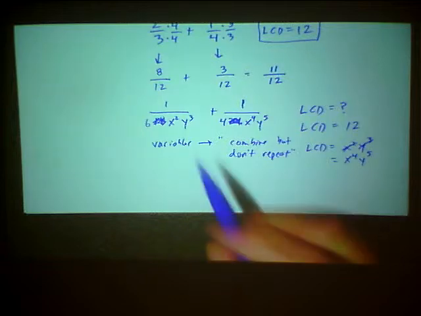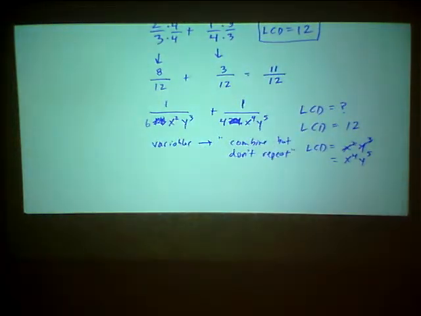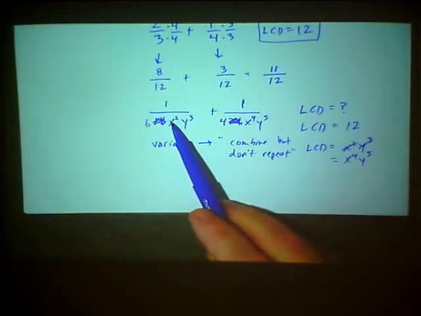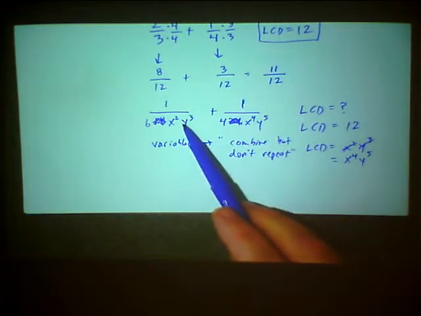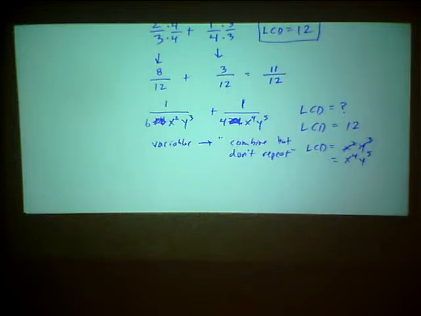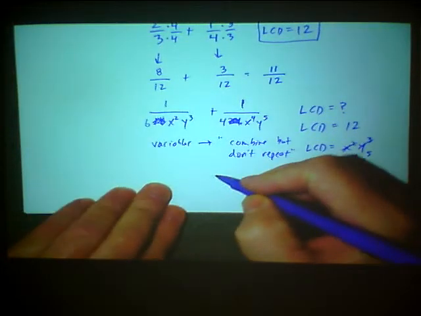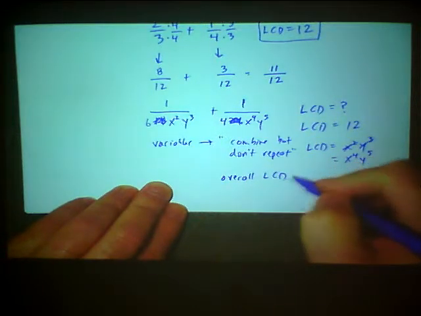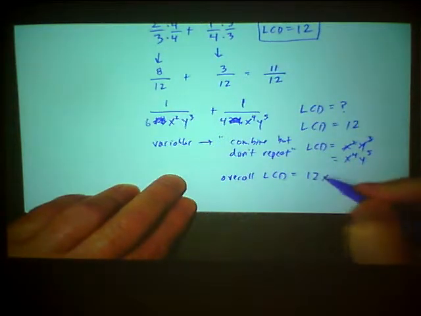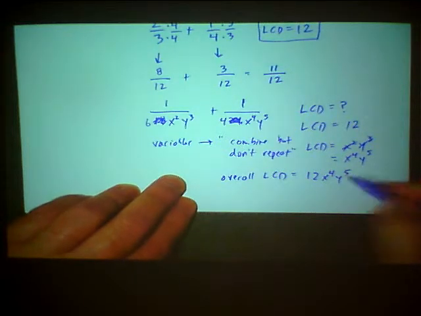It's almost like you look at these two denominators and in this case you have to use the largest exponent. When I look at the x's, I have an x squared and an x to the fourth. I use the x to the fourth. When I have a y cubed and y to the fifth, I use the y to the fifth. So the overall LCD for this problem would be 12 x to the fourth y to the fifth.